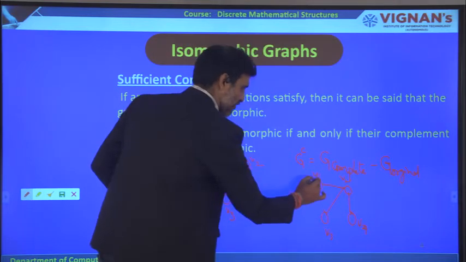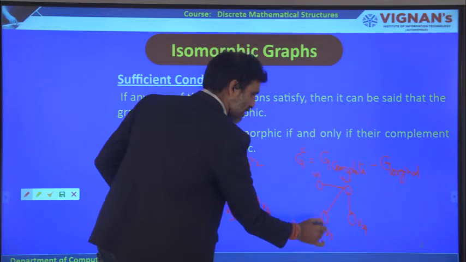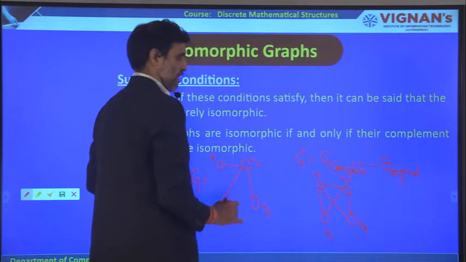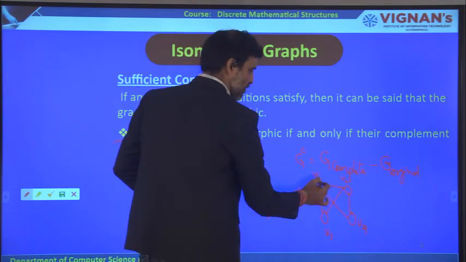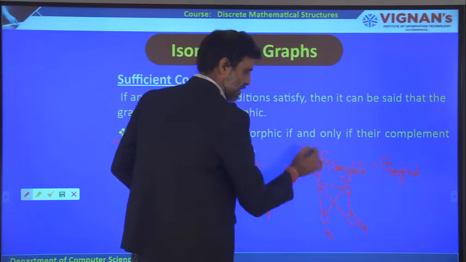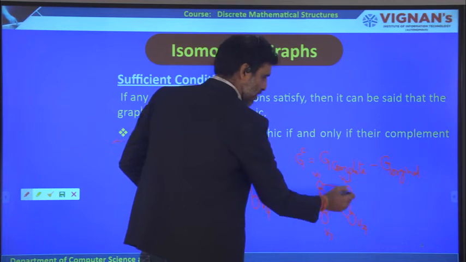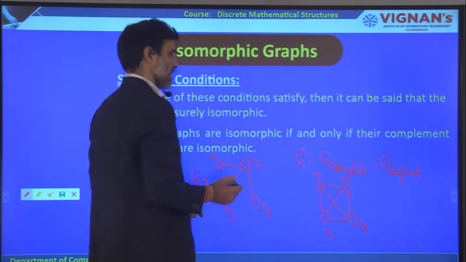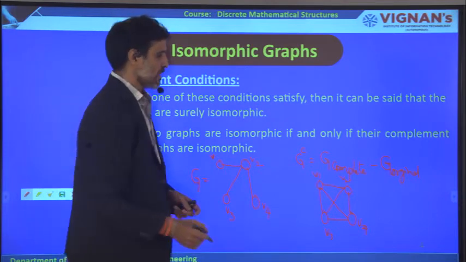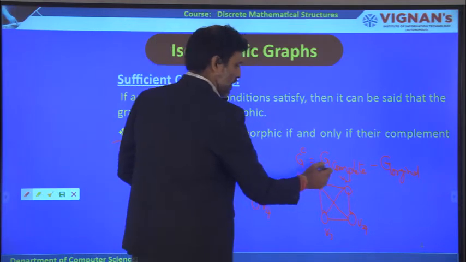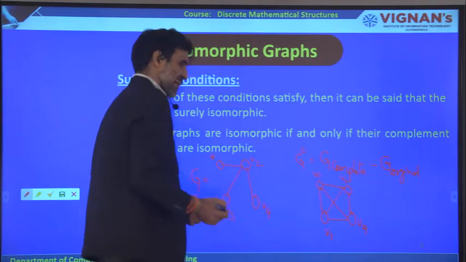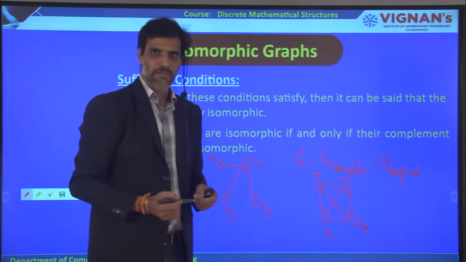To get the complete graph, V1 is connected with V2, it is not connected with V3 and V4, therefore first you can connect with V3 and V4. Similarly, how to check V2? V2 is connected with V1, V4 and V3. Similarly, V4 is connected with V2, V4 is connected with V1, but it is not connected with V3, so you can connect it to V3 like this. Similarly, you can check it for V3. Now, every vertex is connected with all other vertices in the given graph, therefore it is called a complete graph.